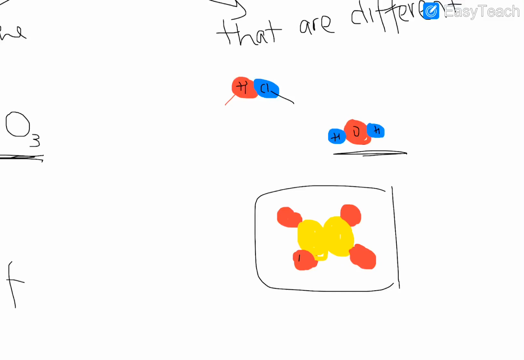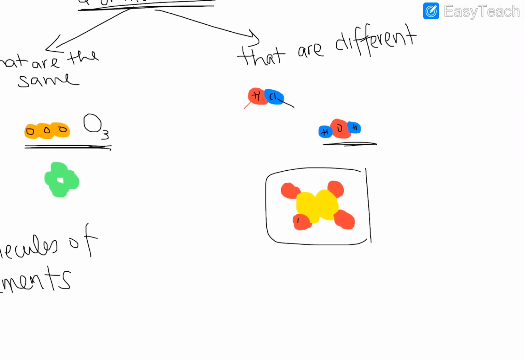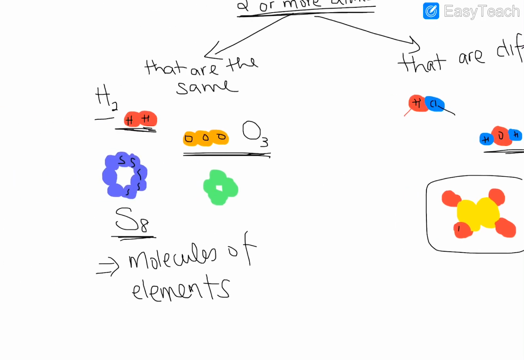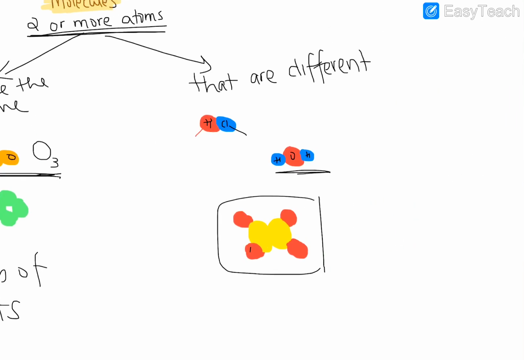So these are molecules. Why are they molecules? Because they consist of 2 or more atoms combined together. Now, molecules could be elements if the atoms are the same. But if the atoms are different, we call them compounds.